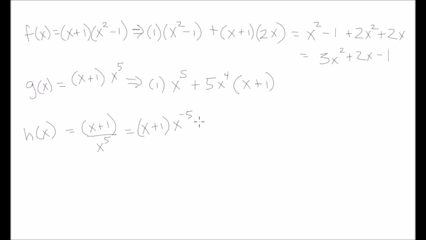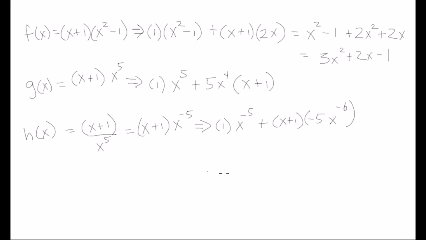I just need to pay careful attention to how I treat this negative sign. So again, the derivative of the first term is 1. I take the second term unchanged, x to the negative fifth, plus I take the first term unchanged, and the derivative of x to the negative fifth is going to be negative 5x to the negative sixth.